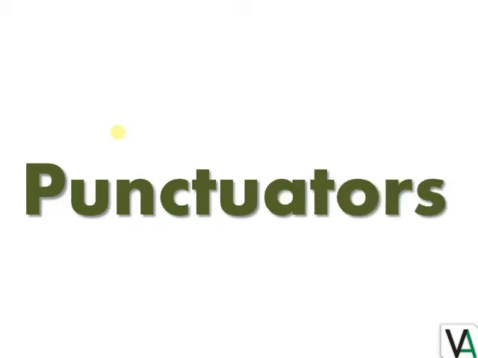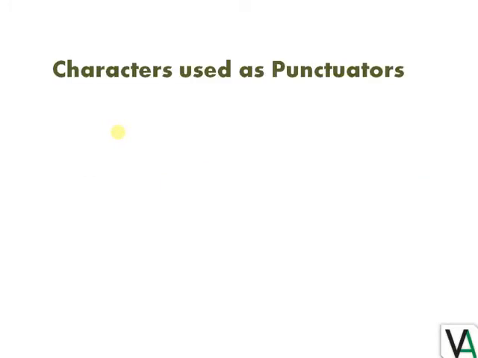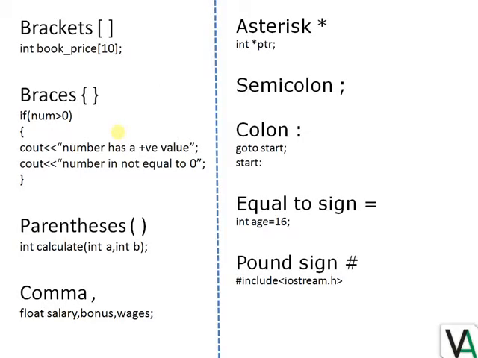Next is punctuators. Punctuators are also called separators, which are used to separate the code from one line to another, or from one block to another, from one token to another. So characters used as punctuators are block brackets, parentheses, curly braces, comma, semicolon, colon, asterisk, equal, hash. So let's go in detail.